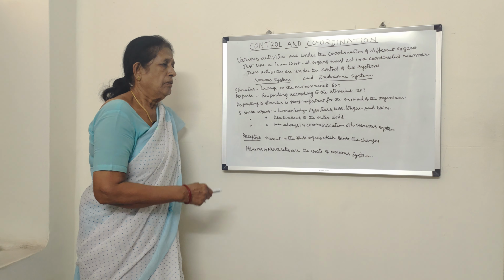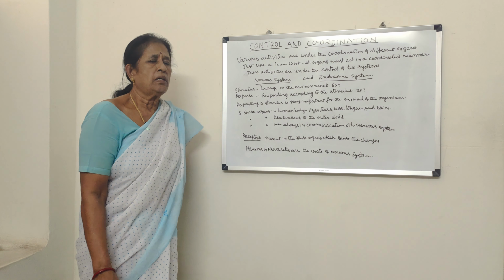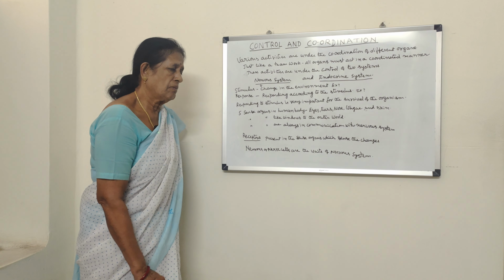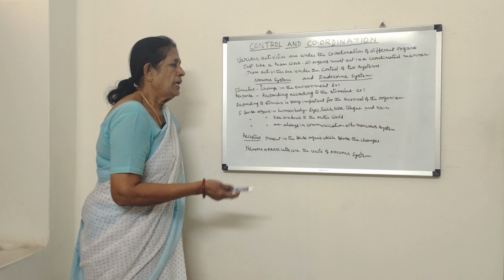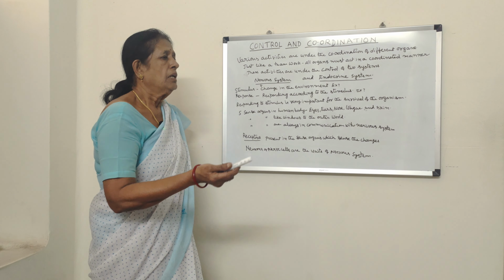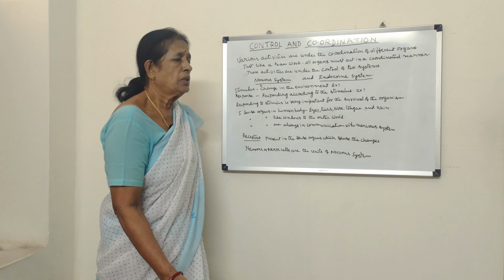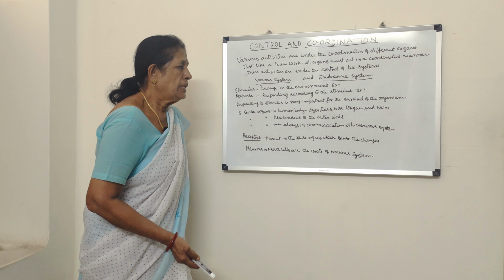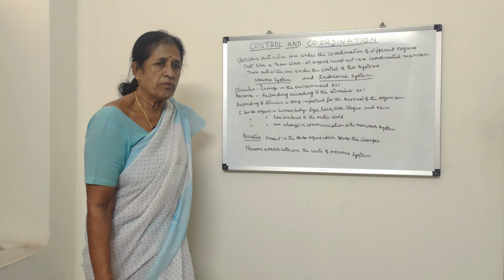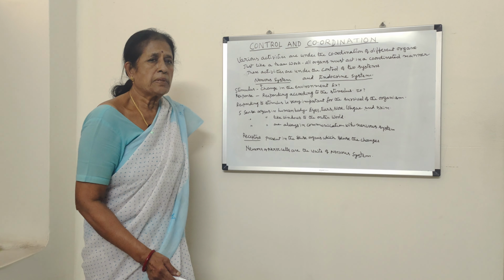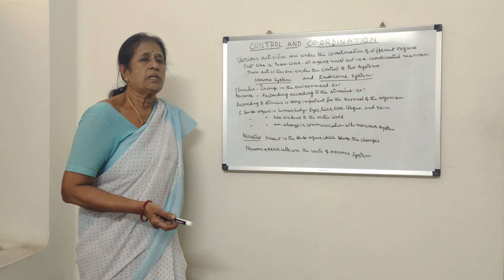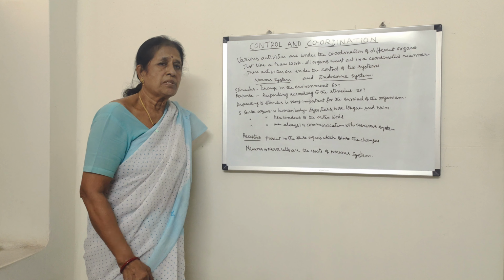These sense organs always communicate with the nervous system. That is, the eyes have the optic nerve, ears the auditory nerve, the nose the olfactory nerve, the tongue contains taste buds, and the skin contains nerve receptors. With these receptors, they communicate with the nervous system.